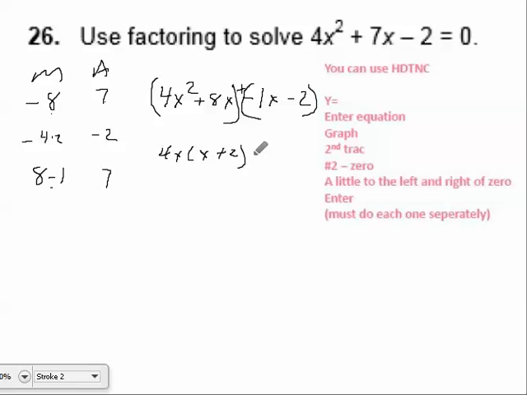And I'm going to pull out a negative 1 out of this one, and it's going to be an x plus 2. And what do I get? I get 4x minus 1 as one factor, and x plus 2 as the other factor.